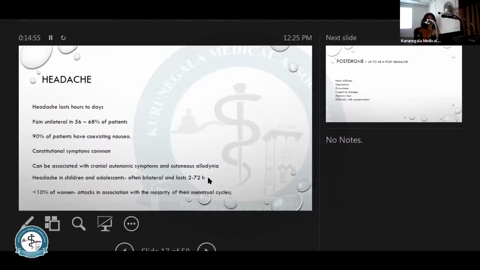But migraine associated with the menstrual cycle is not included in the original categorization of the International Headache Society guidelines. It is included in the appendix because the mechanism is not really clear. But there is a clear association with menstruation in females.